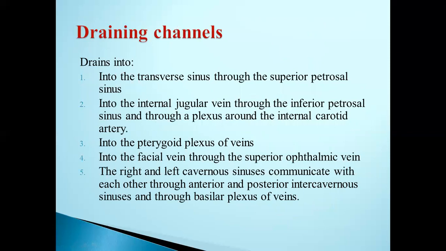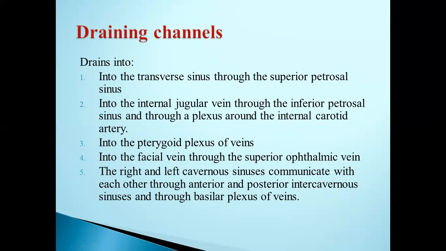Now the sinus itself drains into many areas. Whenever the capacity exceeds, it will drain into transverse sinus through superior petrosal sinus. Also into the internal jugular vein through inferior petrosal sinus, and through a plexus around internal carotid artery into the pterygoid plexus of veins, then into the facial vein through the superior ophthalmic vein, then into right and left cavernous sinuses.